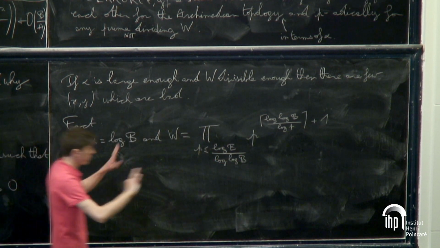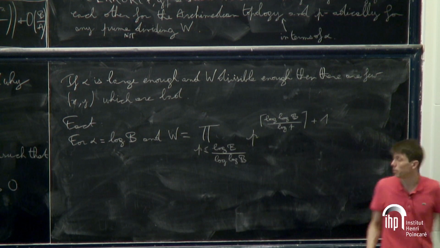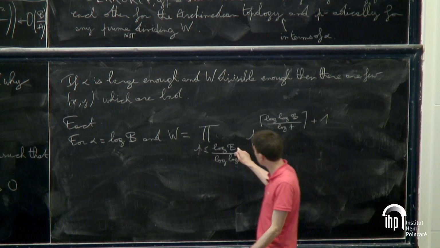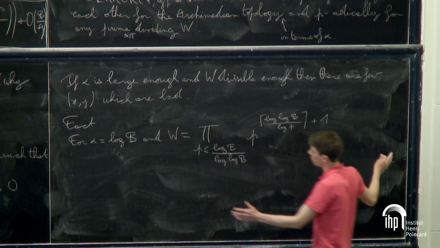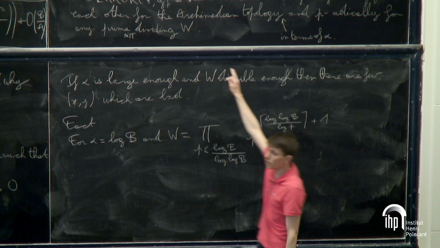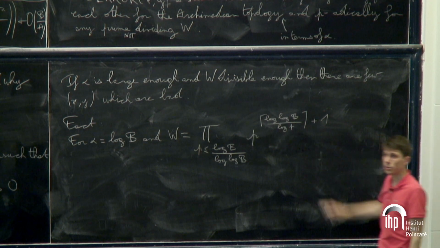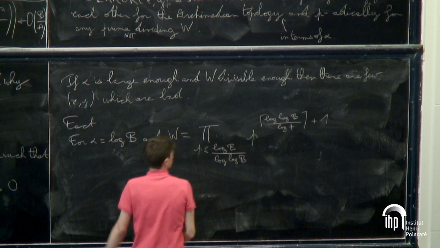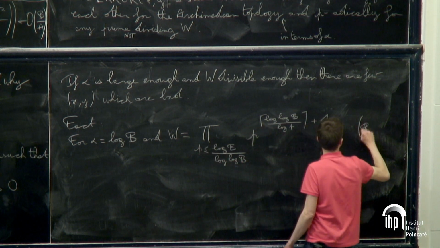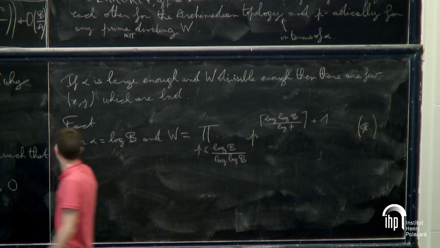I just wanted to display a value of W. So we see that as B gets large, W gets more and more divisible, and there are fewer and fewer x and y for which we are in trouble. That's the idea. I'm going to call this star, and now you can forget about it.